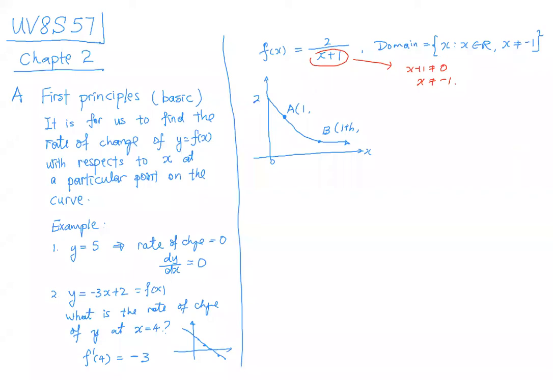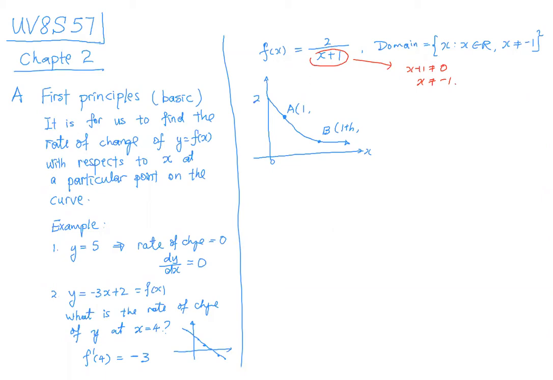So that means if it is a curve, the rate of change keeps changing, am I right? So I won't be able to know what is the rate of change at point A and what is the rate of change at point B. That is called the instantaneous rate of change.